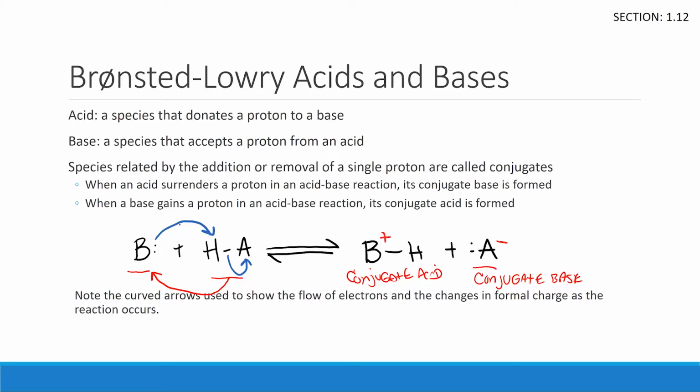You can see electrons are coming from the base to snatch that proton and then dissociating this bond here. We actually showed this almost exact example in our curved arrows example in the first lecture, dissociating this bond back onto the acid. And that's what forms these formal charges.